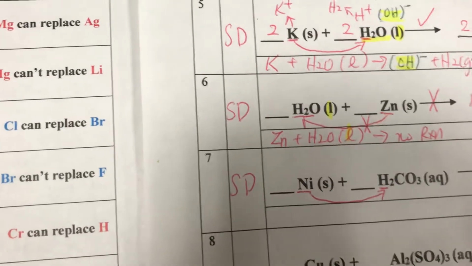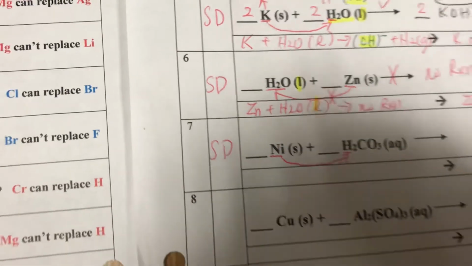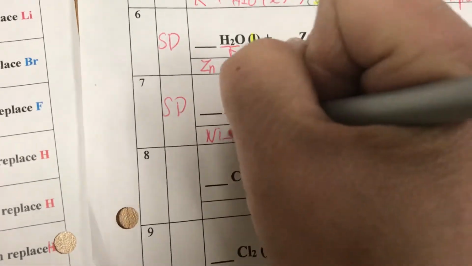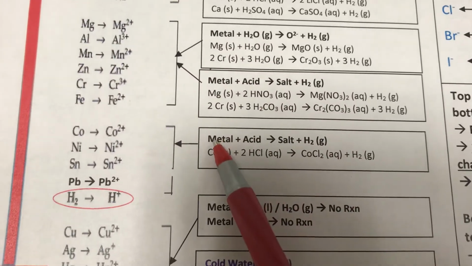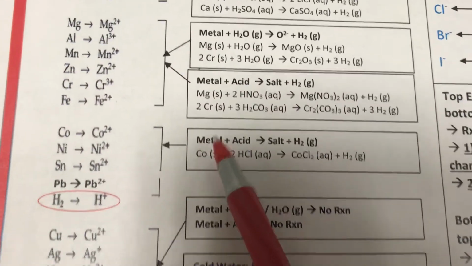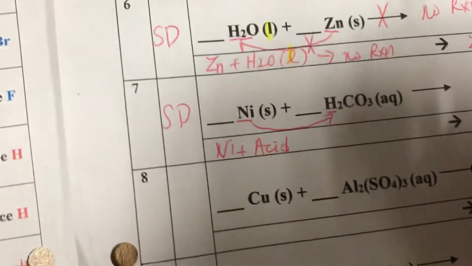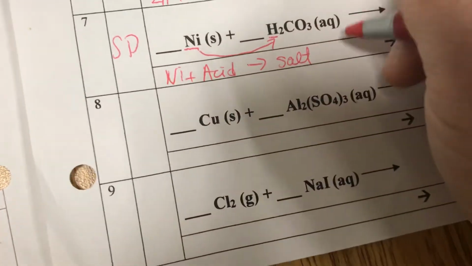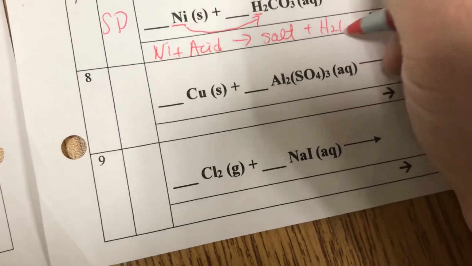So I'm gonna write on here Ni plus acid. I just copy here, but instead of the metal, I change that to nickel. So nickel and acid will form salt plus H2 gas. So what does that mean?